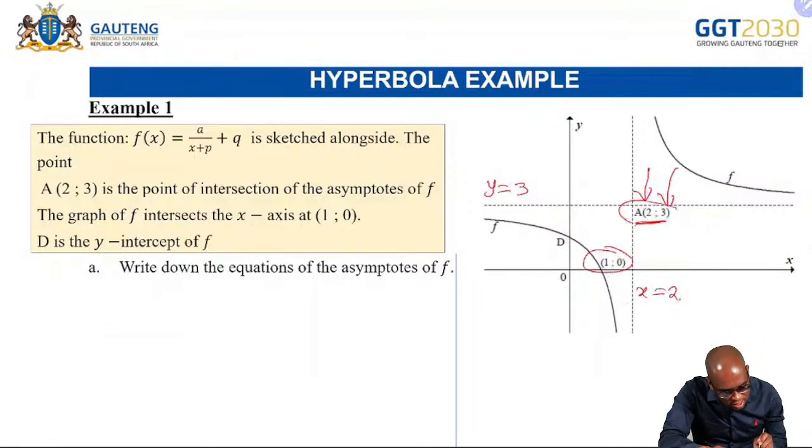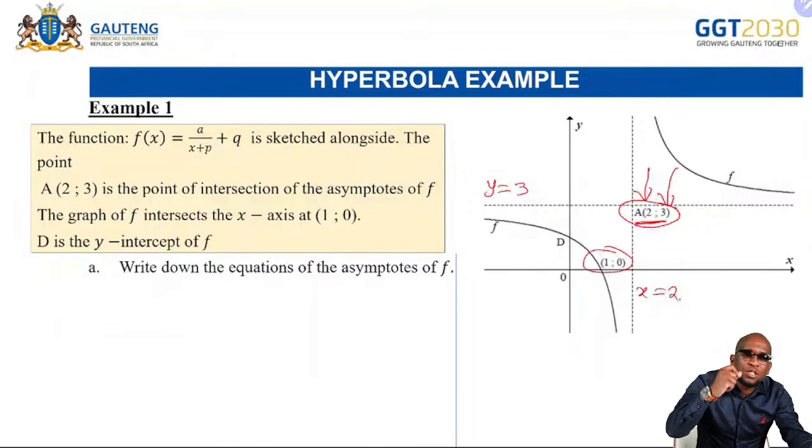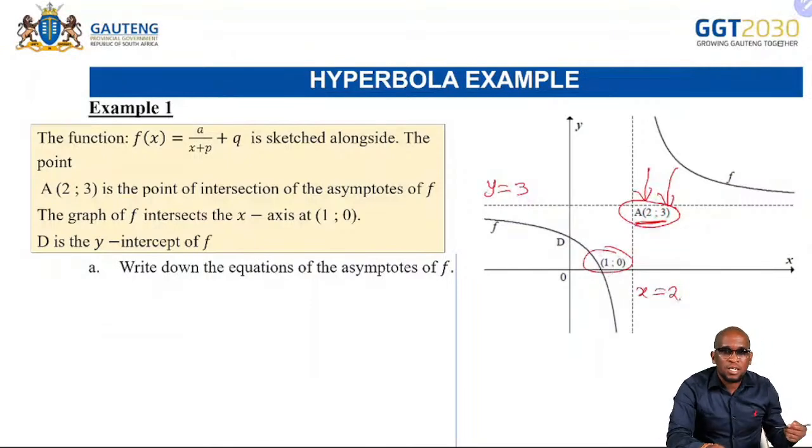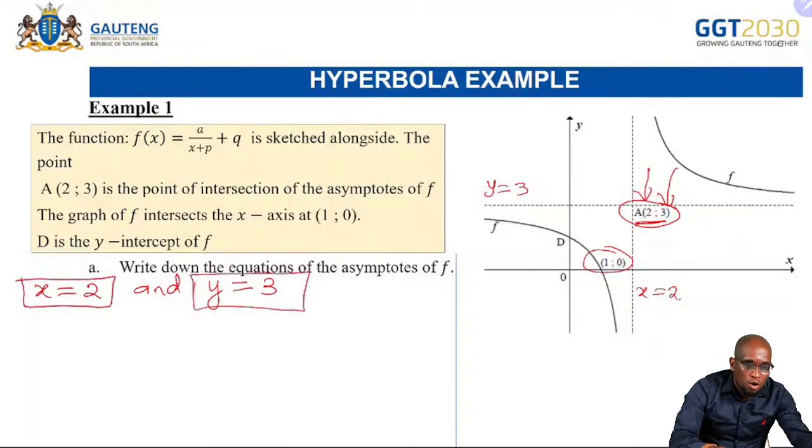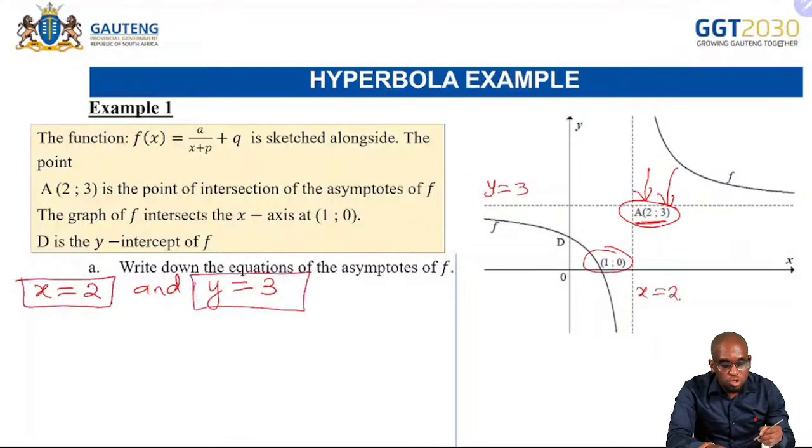But in this case, they've given us the point where the two asymptotes intersect. It means that we just have to take out the abscissa there, which is x is equal to 2, and y is equal to 3. These represent the equations of the asymptotes of this hyperbolic function. So you just get that from the point where they intersect.